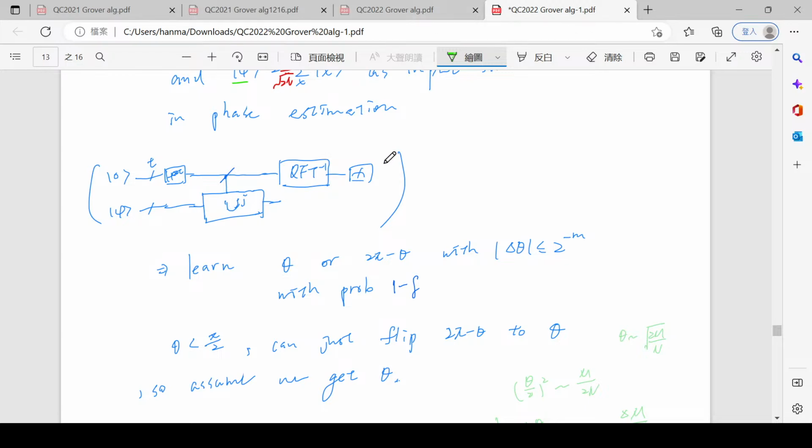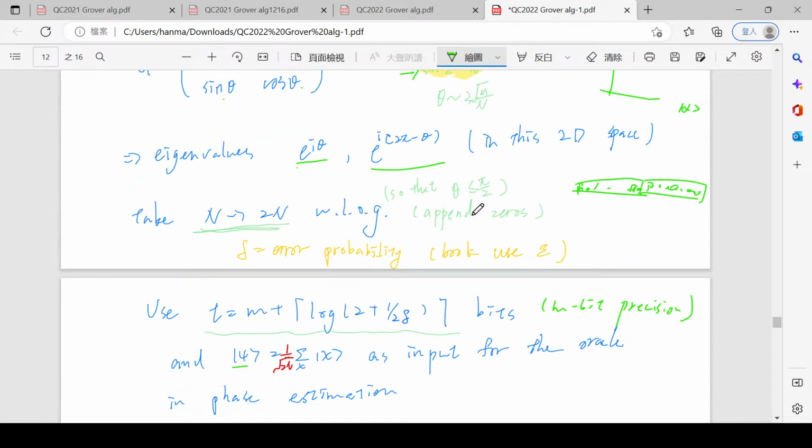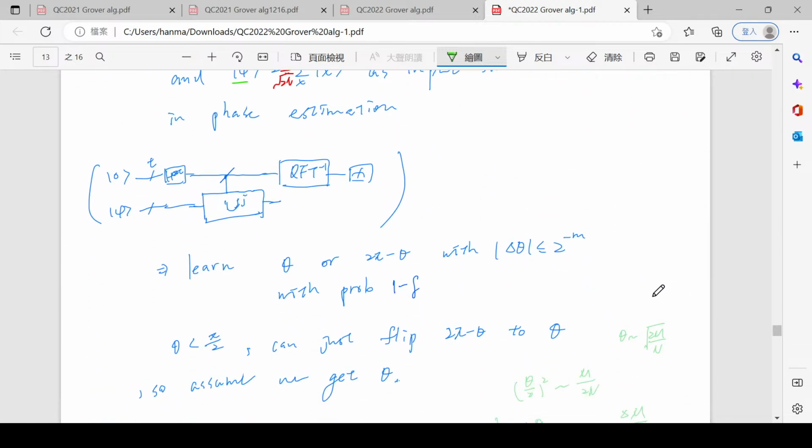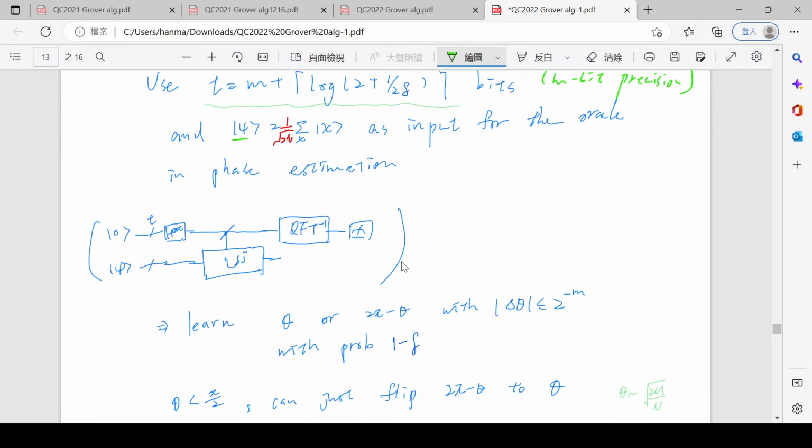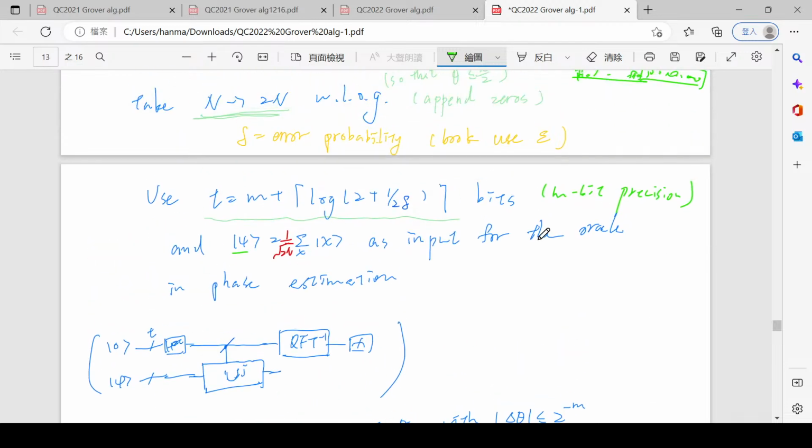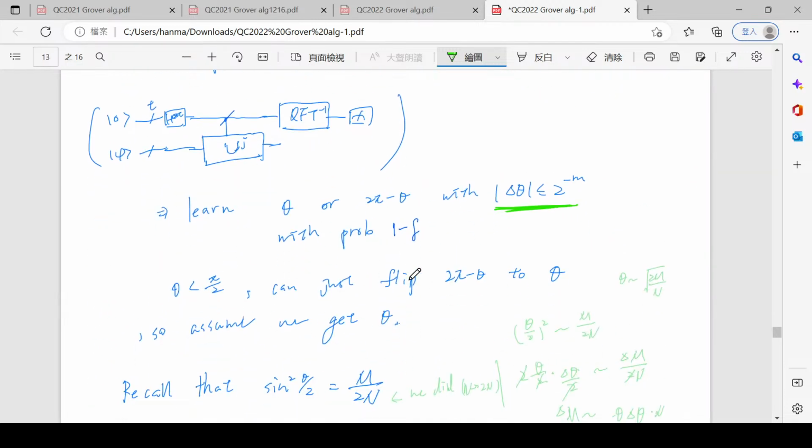So you do phase estimation, and as we said, you will learn theta or 2 pi minus theta. And you have this m-bit precision, so the error in your theta is going to be less than 2 to the minus m. This is what we mean by precision. And then there is some probability that you get something even worse than this, and that probability is delta. And so the good probability is 1 minus delta.